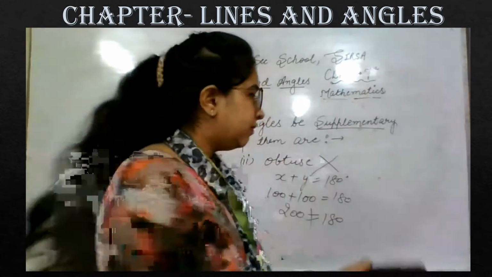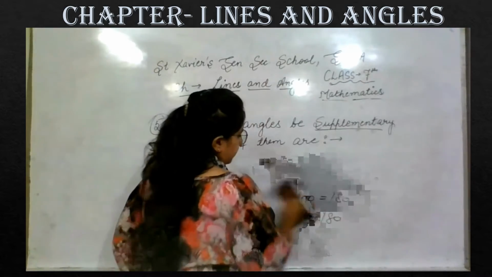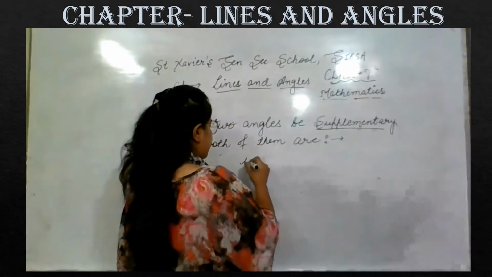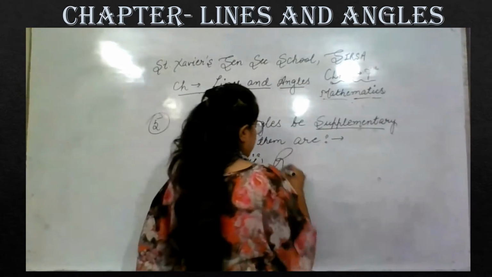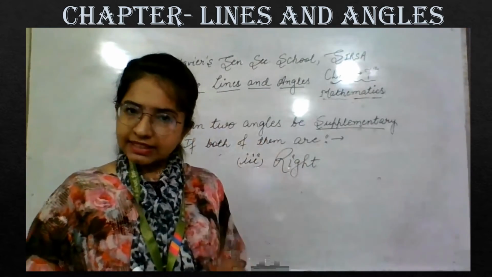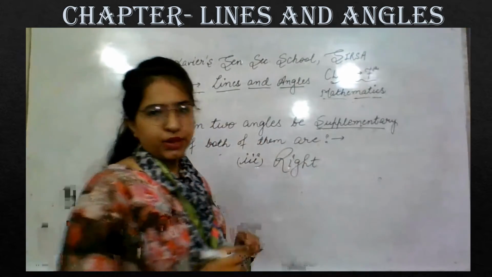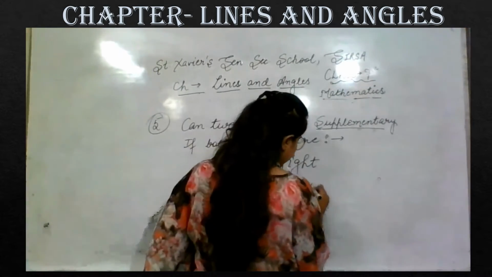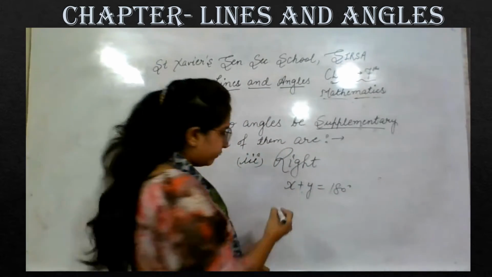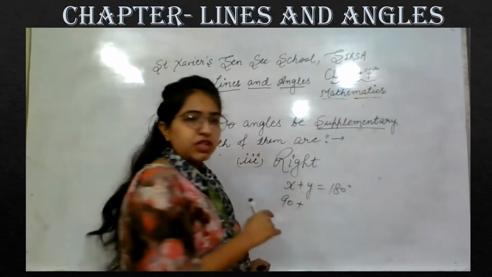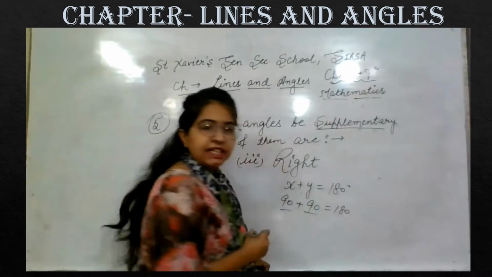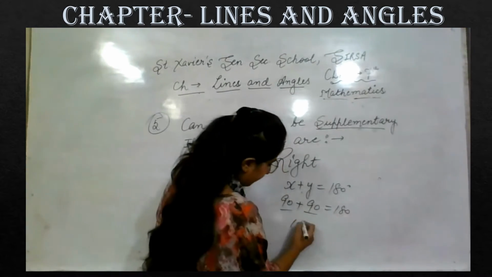Third part is, can both angles be right angles? Third part of the same question. Right angle means equal to 90 degree. x plus y. You can take x as 90 degree, y is also 90 degree. 90 plus 90 is 180.